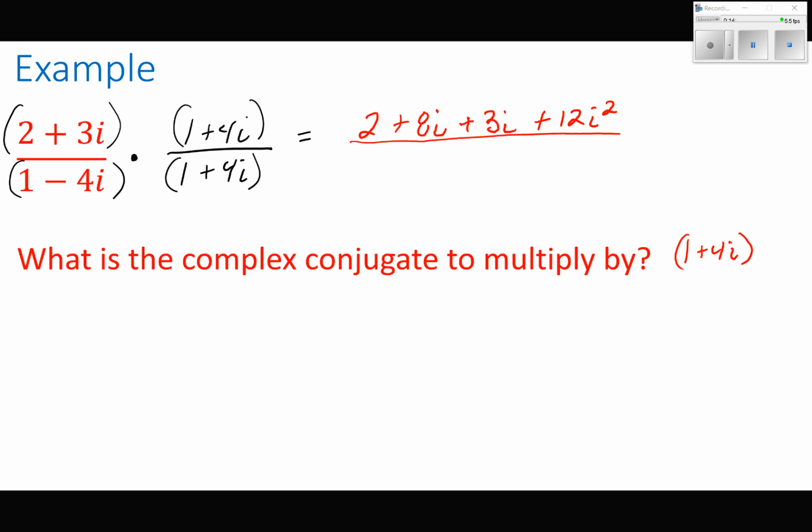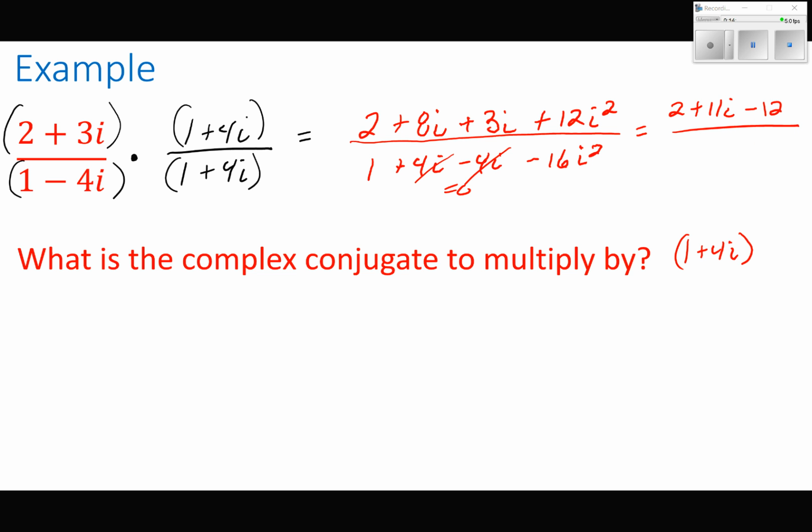Denominator becomes 1 times 1, which is 1, plus 4i minus 4i, and then minus 16i squared. All right, I can see these go to 0, so I don't have to worry about that. Now in my numerator, I'll have 2 plus 11i, 12 times i squared. i squared again is negative 1, so it's 12 times negative 1, so this becomes minus 12.